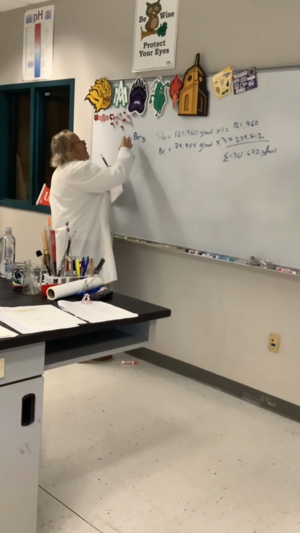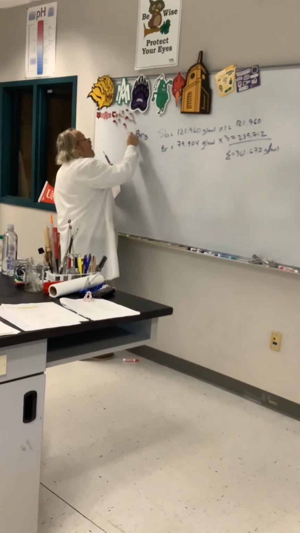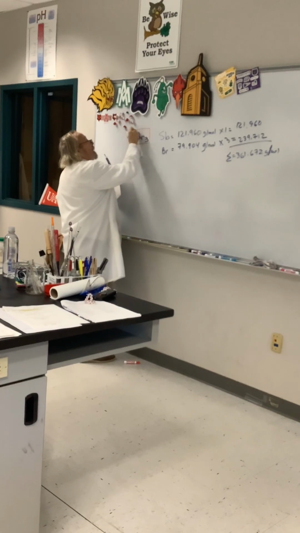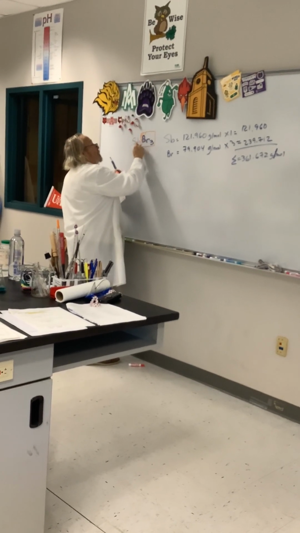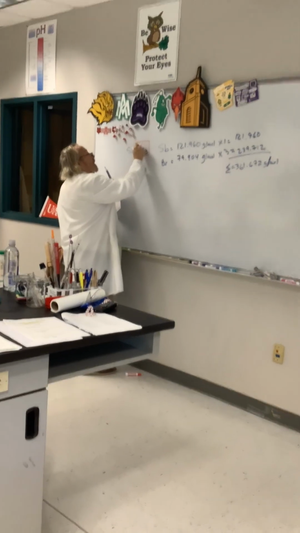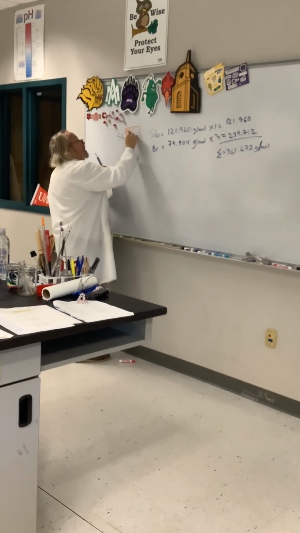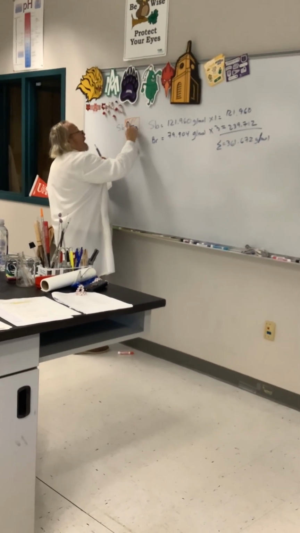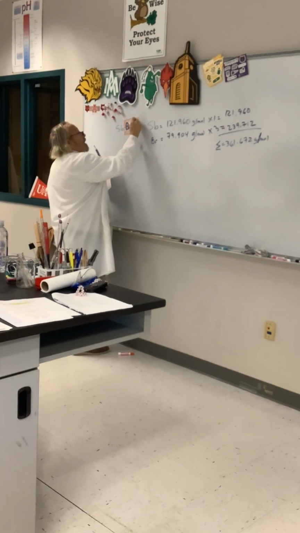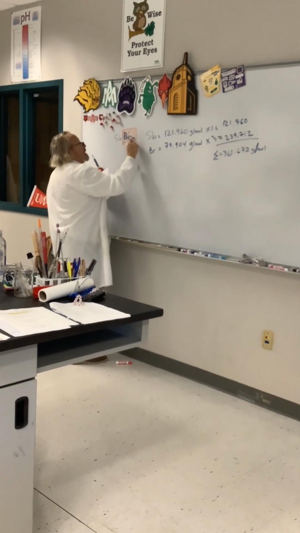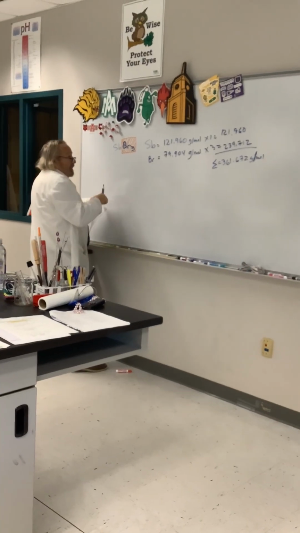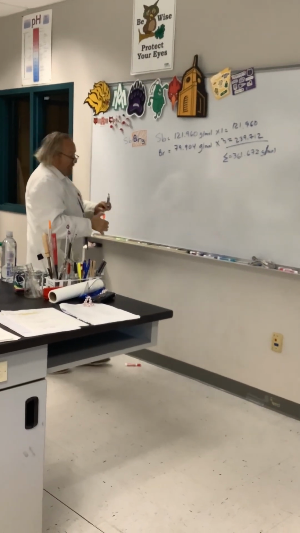I want to know what percent of this compound is bromine, right? What percent of the total is made up of this element? Because maybe I want to extract the bromine, or maybe I want to know how much bromine I need to make it, whatever.